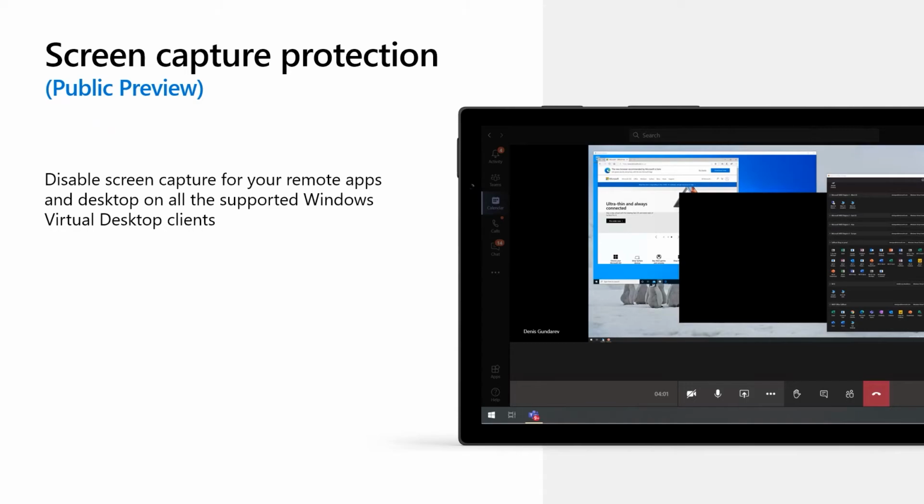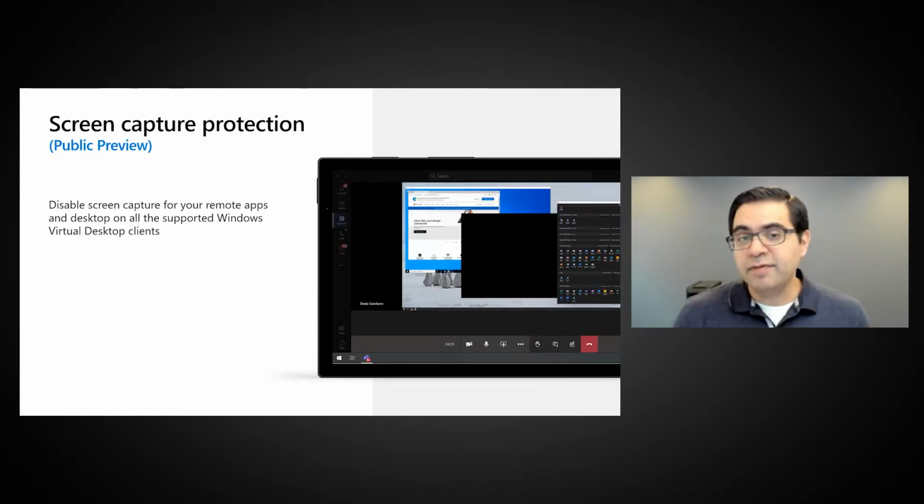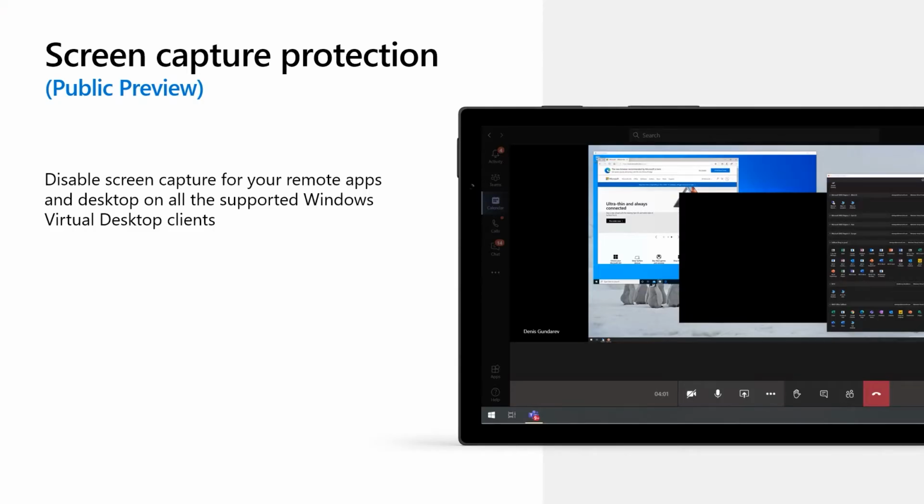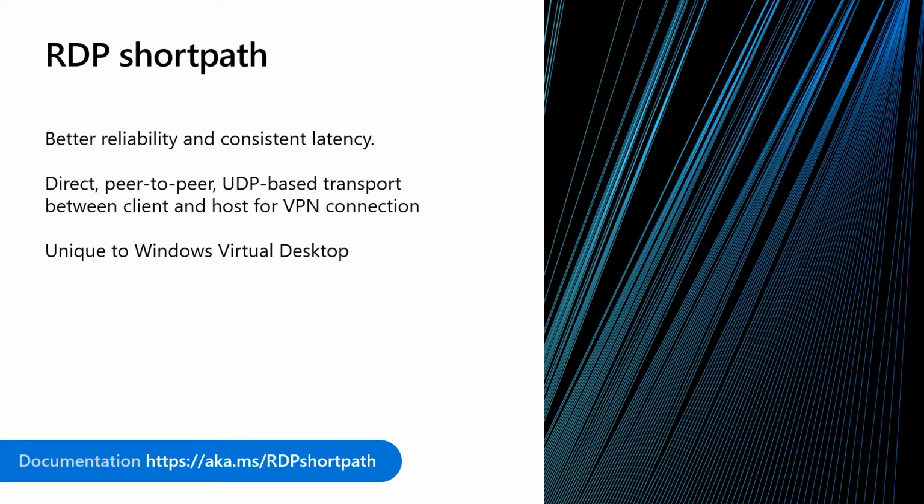From a security perspective, we've also built out screen scraping protection. And this is in preview for Windows clients using Windows Virtual Desktop. And this is a great feature for organizations that are using the information rights management capability that's built into Microsoft Office. And then the other thing on the user experience perspective is RDP Short Path.